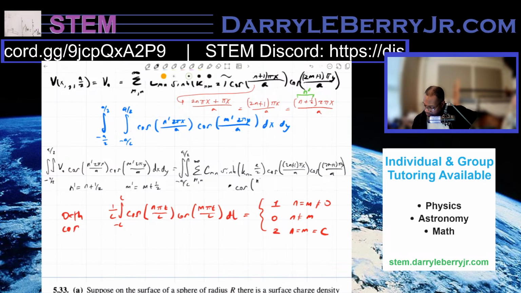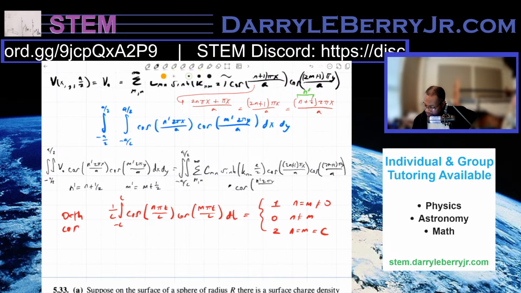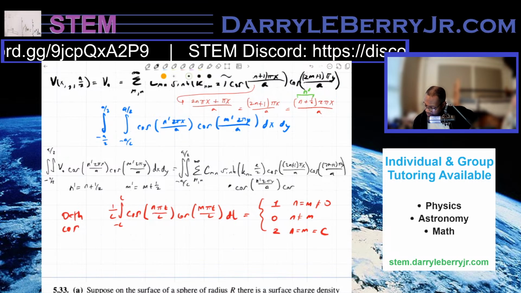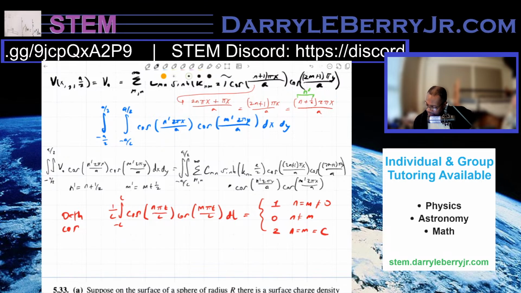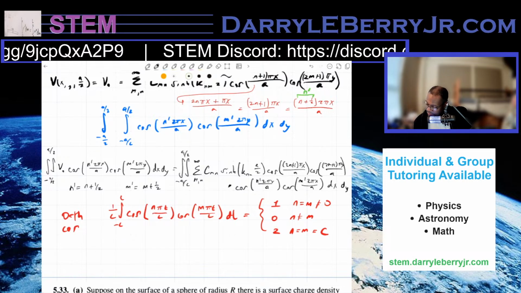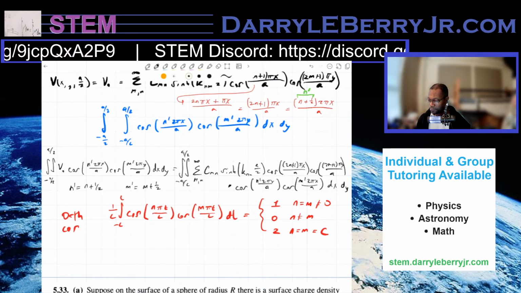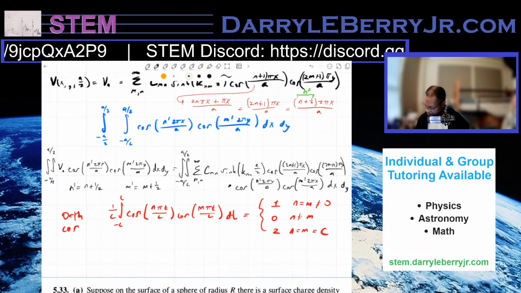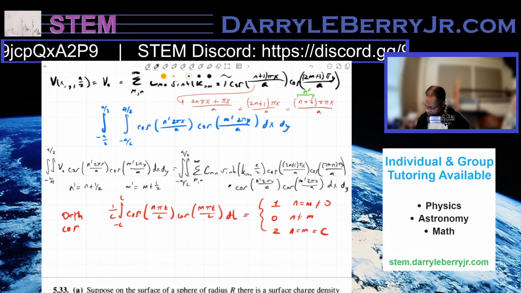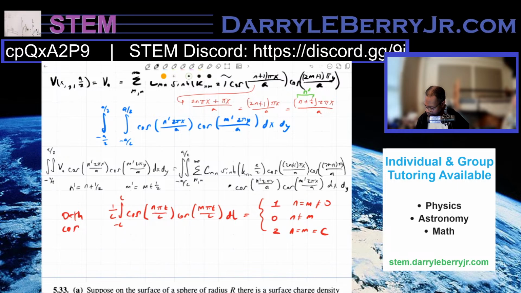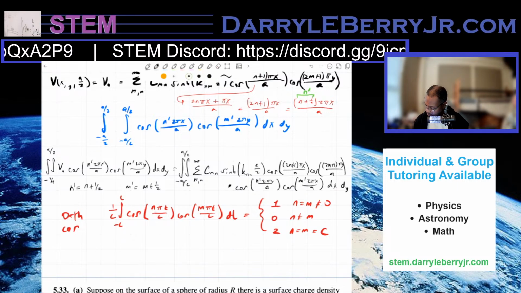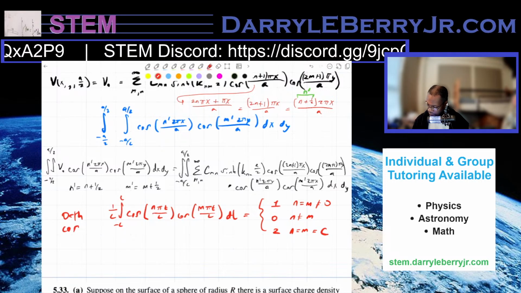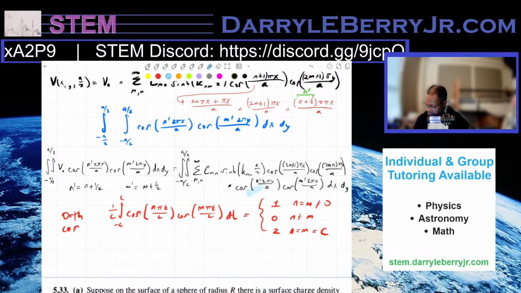Cosine n prime 2 pi x over a, cosine m prime 2 pi y over a dx dy. Now we have double Fourier tricks.